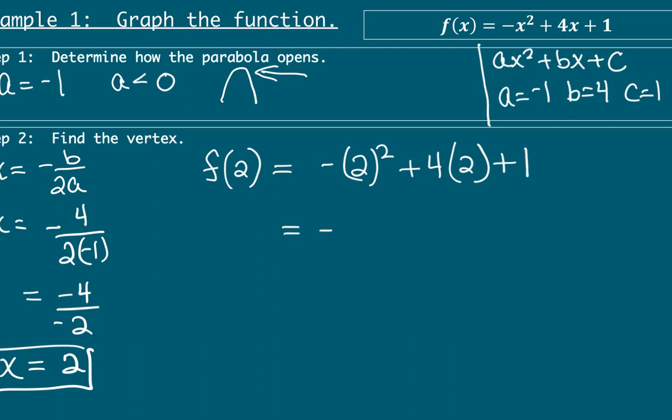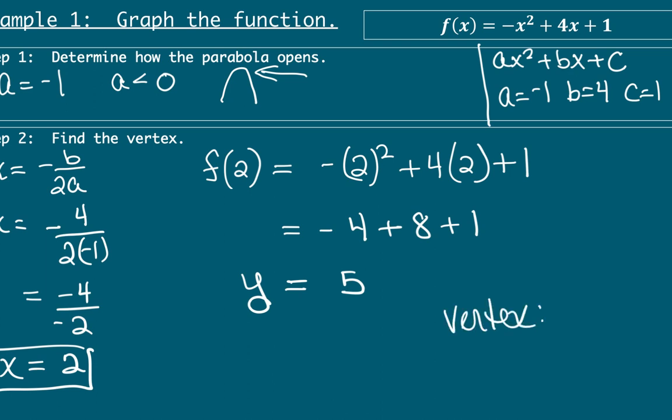So we're going to have a negative 4 plus 8 plus 1, which equals 5. So that's our y value, or our f of x value. So our vertex of this function sits at 2, 5.